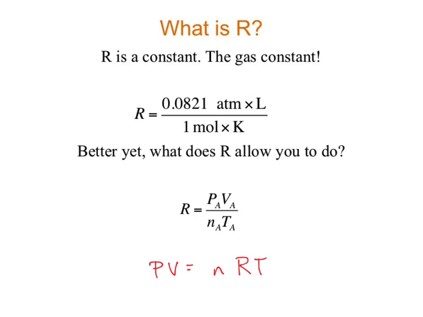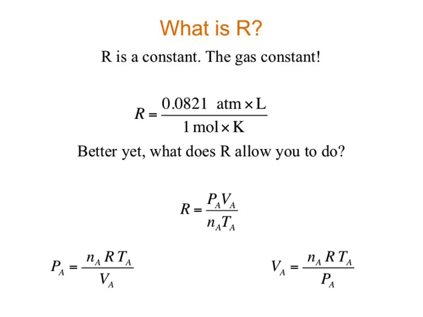Okay? So, ultimately what these things allow us to do is we can now solve for any one variable, assuming we're given the rest. So I have 4 independent variables: pressure, volume, moles, and temperature. As long as I'm given any 3, I can solve for the remaining by rearranging the equation using fun little algebra.